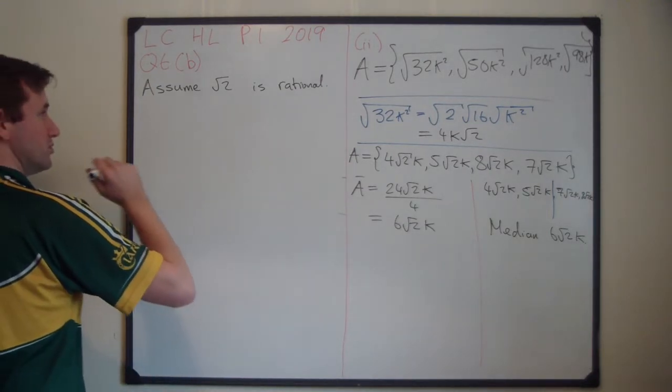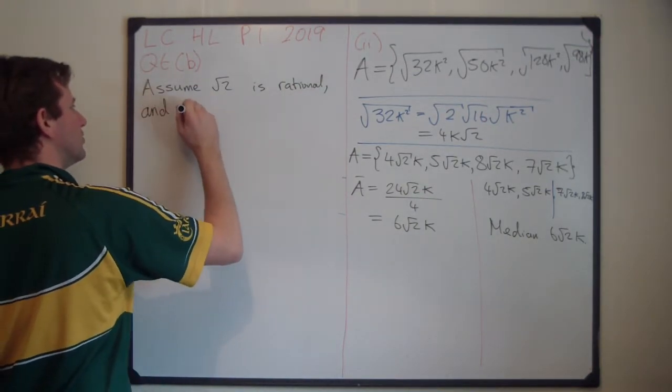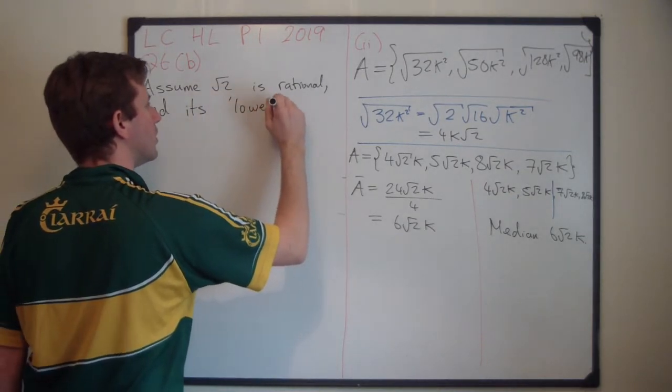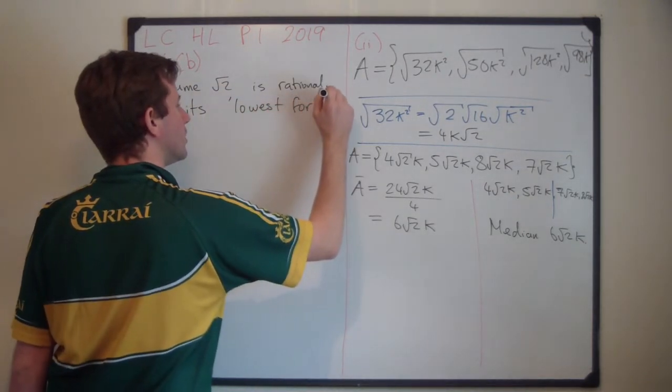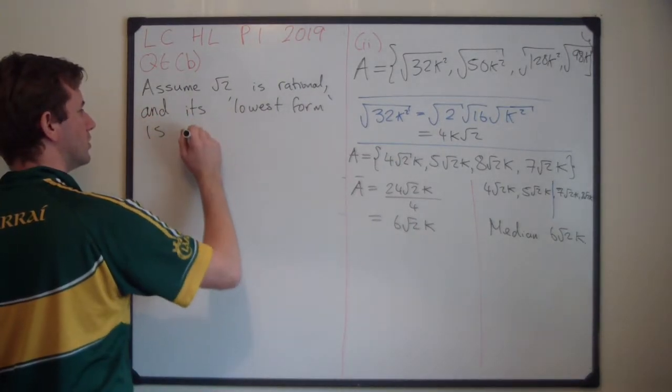So assume root 2 is rational and its lowest form is, say, P over Q.